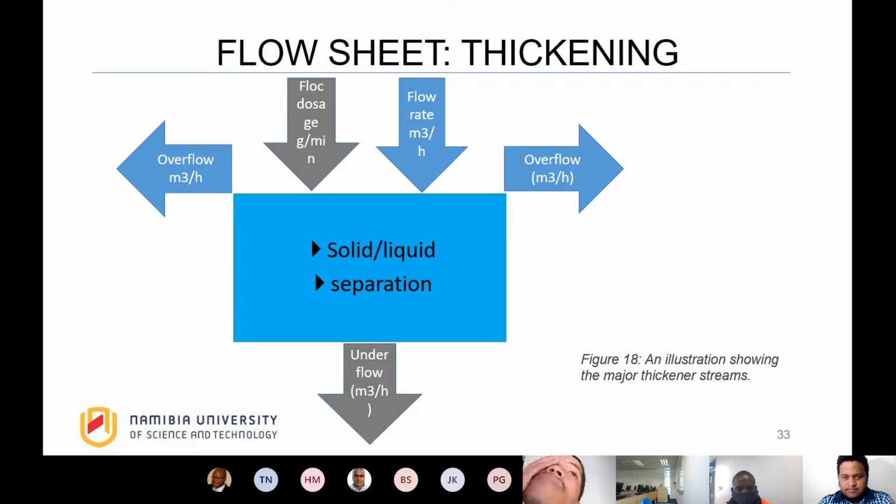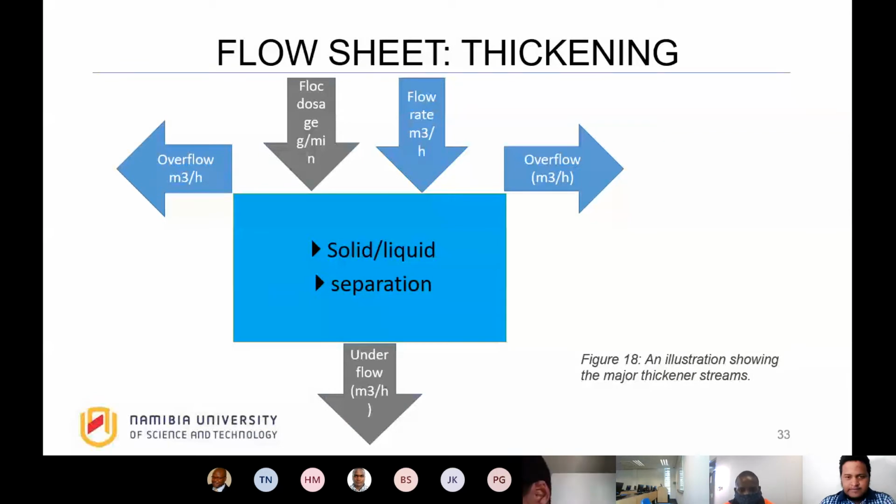And then we also have a flock dosage stream that is coming in. That is our reagents that we are adding to the thickener. There are many ways one can add a flock to a thickener. This is just one example where we add the flock from the top, but we can also add it from the sideways.